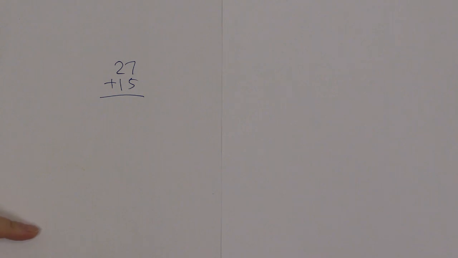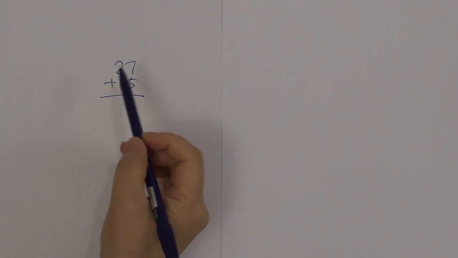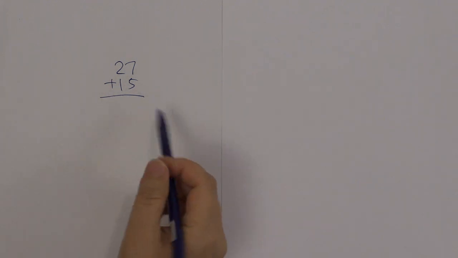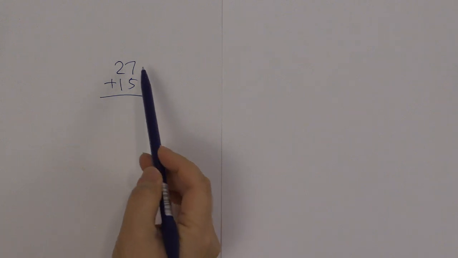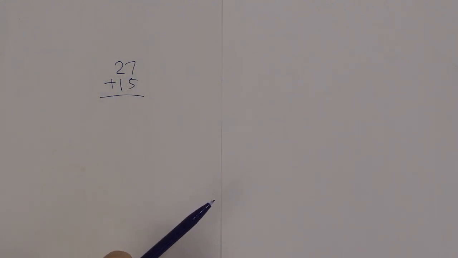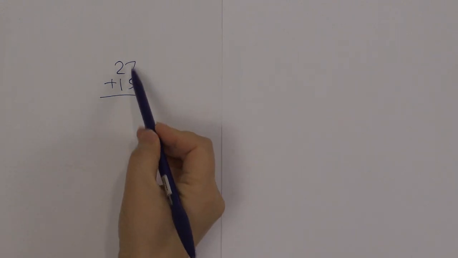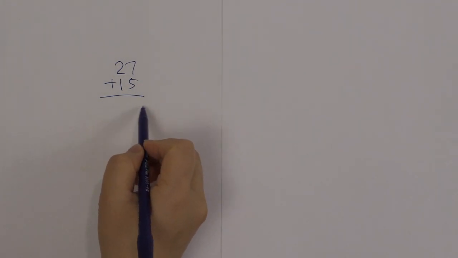So I want to do 27 plus 15. Okay? Now, for the traditional algorithm, what do we do first? Do we start from 2 plus 1 or do we start from 7 plus 5? Probably a lot of you say we start from 7 plus 5. 7 plus 5 is 12. Do we write down 12 here? No? Why not?